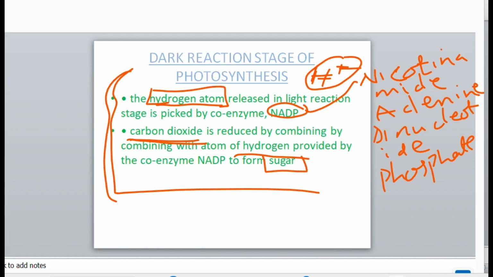Then when they combine, the carbon dioxide is reduced by combining with the hydrogen atom in this NADPH. So this results in the formation of sugar. This reaction goes on in a series of steps, and each step is controlled by a specific enzyme. So sugar is formed at the end of this process.